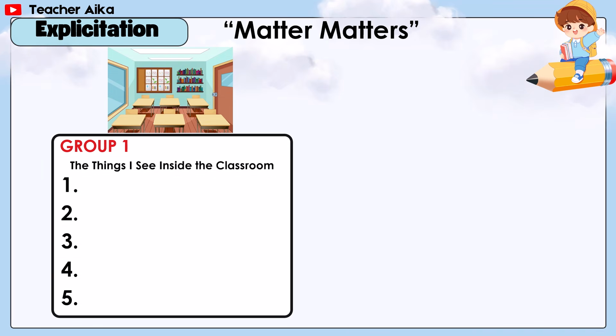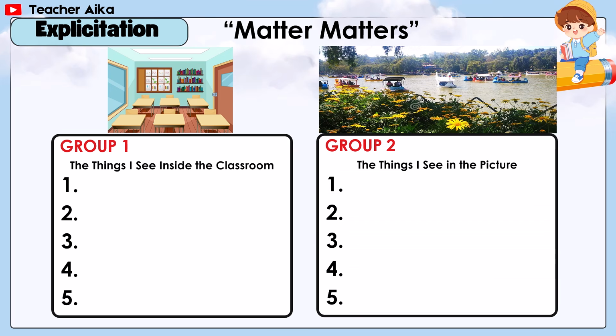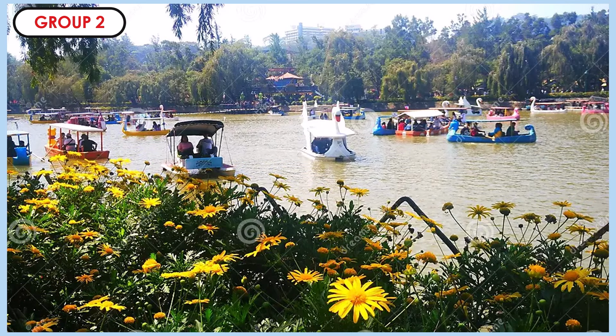For group number 1, focus with the things I see inside the classroom. For group 2, focus with the things I see in the picture. For group number 2, here's the closer look to your picture activity.